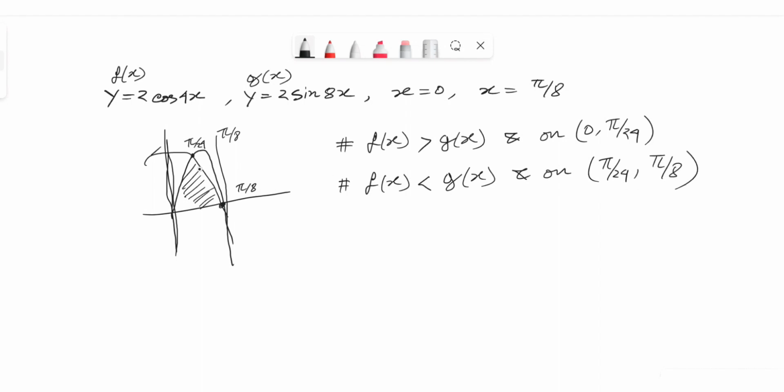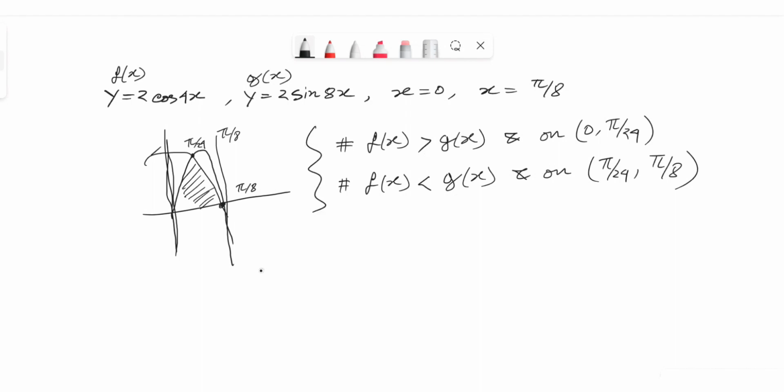We can simply see that this is the function f of x, and this is g of x. So after pi by 24, g of x increases and f of x decreases.